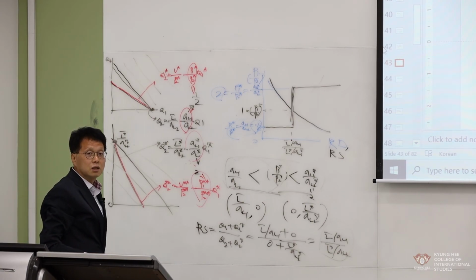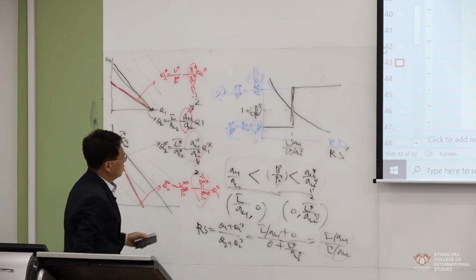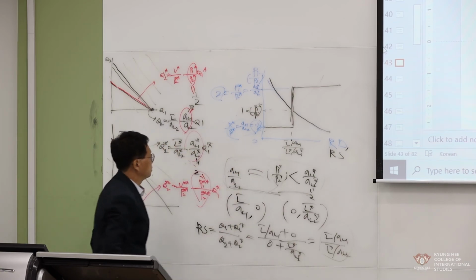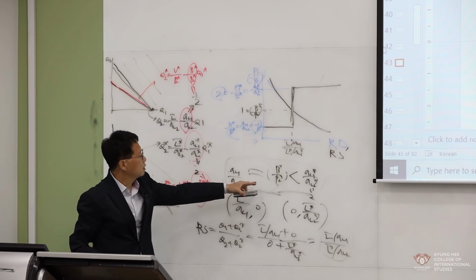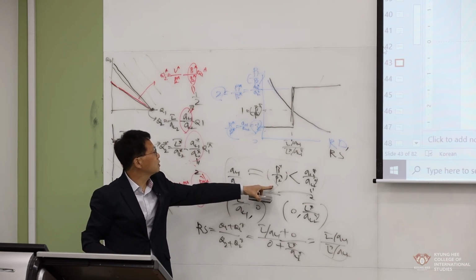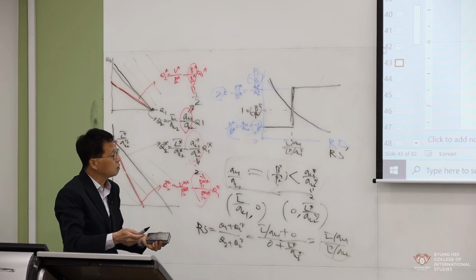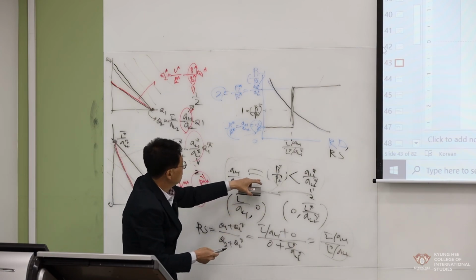Okay? The other case, for example: after free trade, the price is equal to this, AL1 over AL2. After trade, the price is equal to half, say the autarky equilibrium price in home. This means P1 over P2 is half.